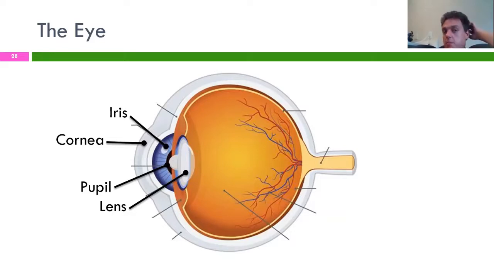So the lens is super important because the lens is basically altering the light. It's going to bend it so it can be more or less focused depending on how far away it is. This is another thing you'll cover a lot more in higher level perception courses, but the lens is going to bend the light so that it can be focused onto the next part, which is going to be the actual retina.